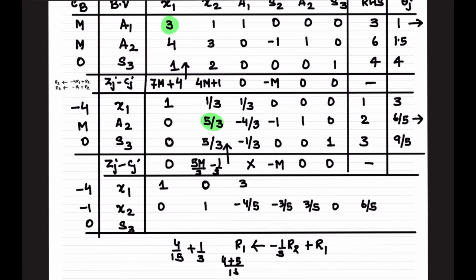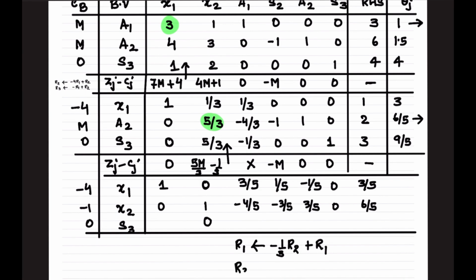So this is 3 by 5. This is 1 by 5. This is -1 by 5. This is still 0. This is -2 by 5 plus 1. 1 minus 2 by 5 gives you 3 by 5. This was the pivot, below it we need 0.